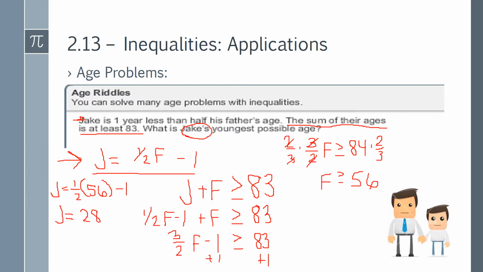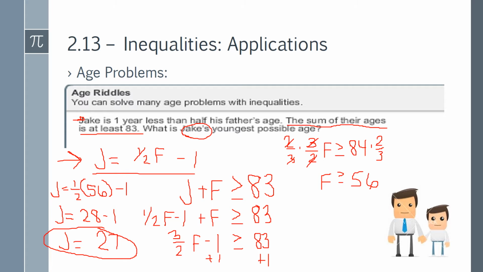Half of 56 is 28 minus 1. So Jake's youngest possible age is 27. So 27 is the youngest possible age that Jake could be.